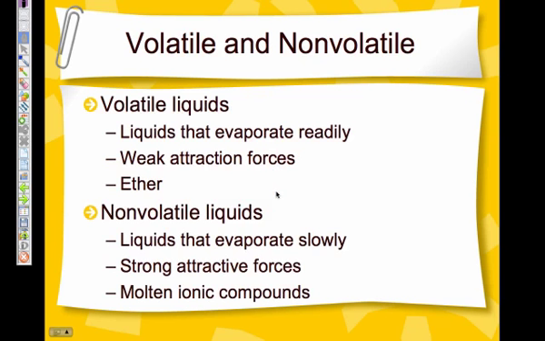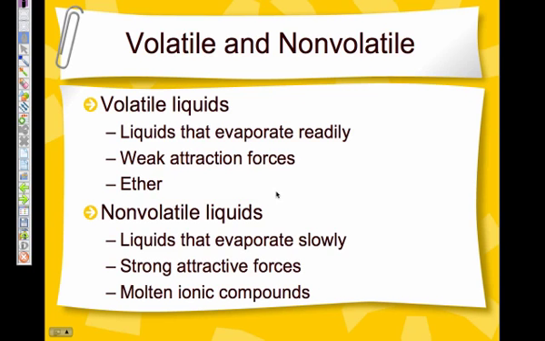Okay, and there's a difference when we talk about evaporation between volatile and non-volatile liquids. Volatile liquids are liquids that evaporate really easily. Can you think of a liquid that evaporates very easily? Actually, water is very slow compared to that. So water would be more of a non-volatile liquid.